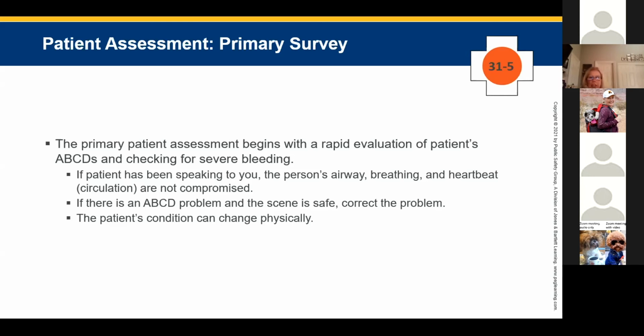ABCDs should take you less than 10 seconds. If the patient has been speaking to you, the person has an airway, right? That's what we talk about all the time, is breathing and a heartbeat. So that is good. If there is an ABCD problem, the scene is safe, correct the problem. So scene safety, and you're looking at your ABCDs, because the patient can change at any time.